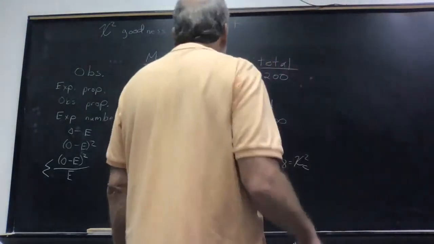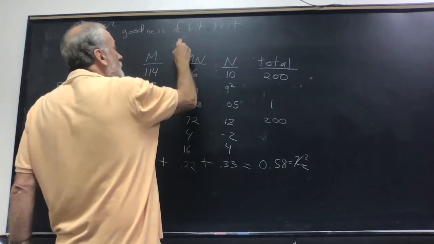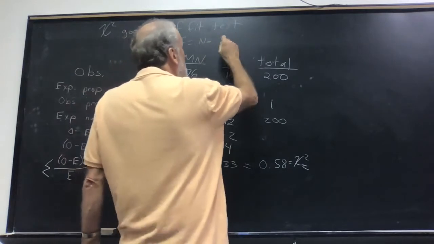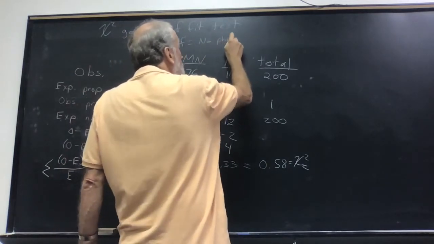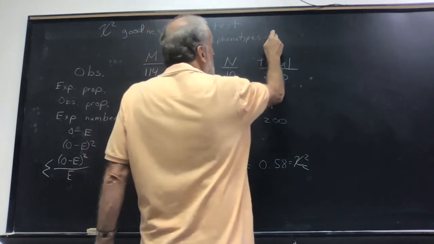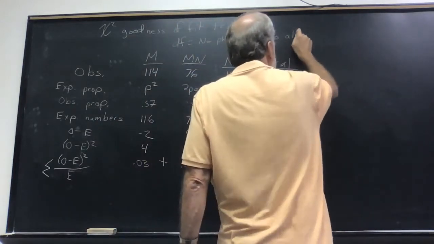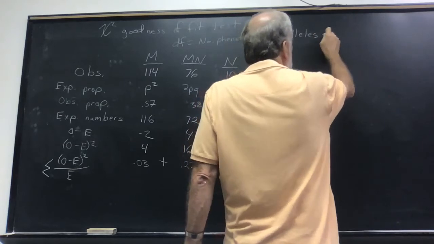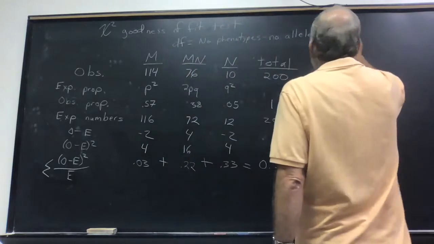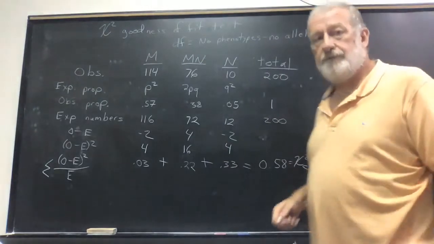It's not phenotypes minus 1, but it's the number of phenotypes minus our number of alleles. So we have 3 phenotypes, right? M, MN, and N, minus 2 alleles, right? M and N, and so that is 1.